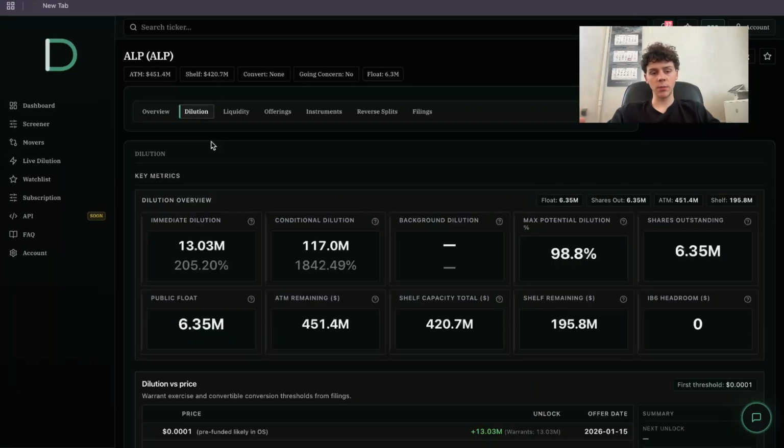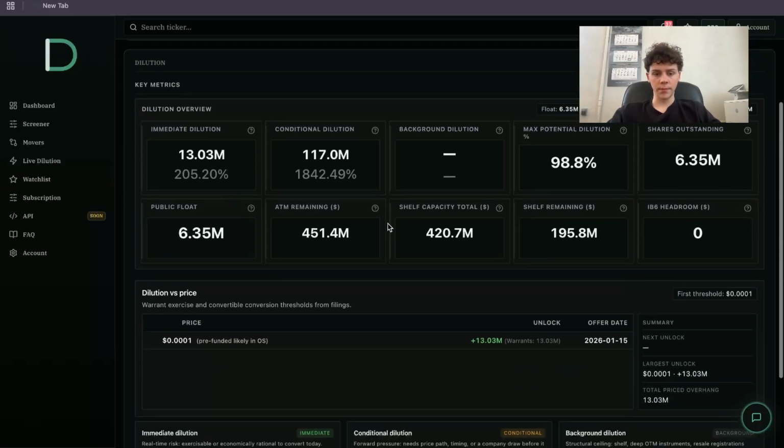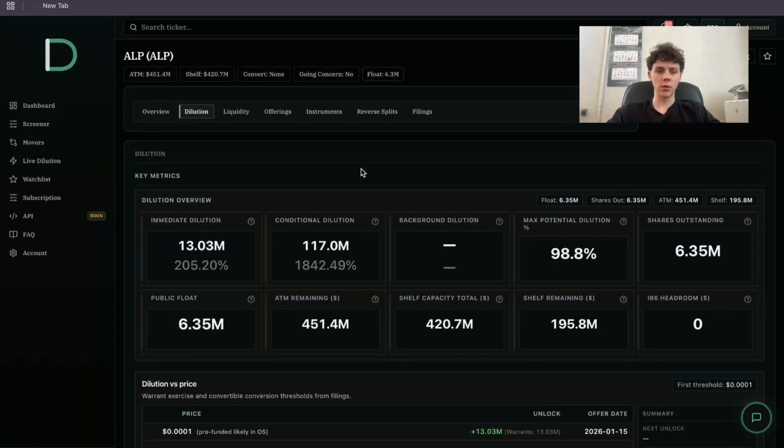Basically, ALP has a 400 million ATM for a stock with a public float of 6 million, which is ridiculous. That means they can dilute you literally however much they want, right? So this is a very big red flag. Just the 400 million ATM.